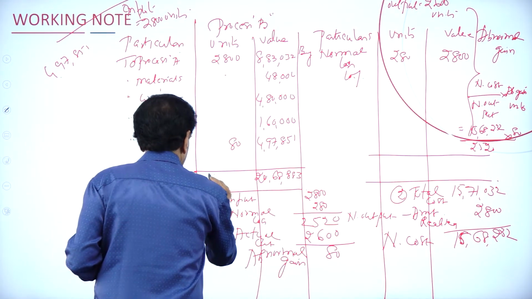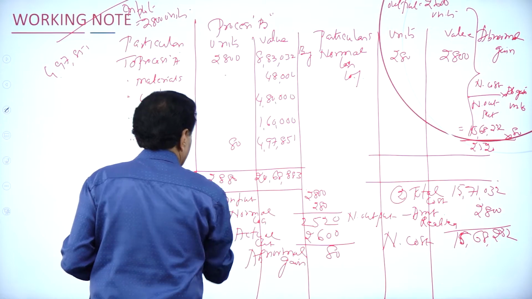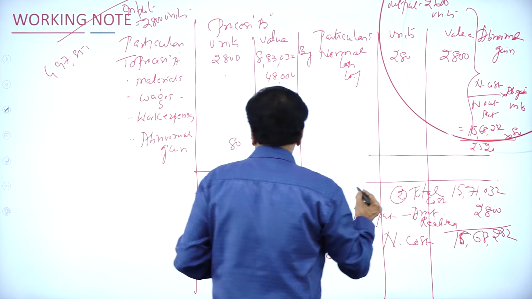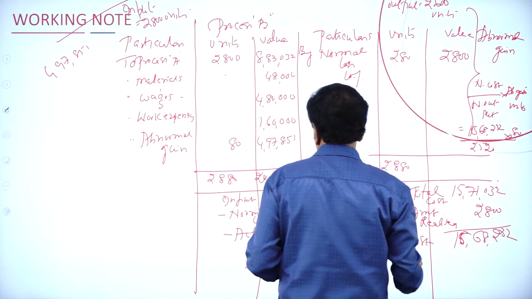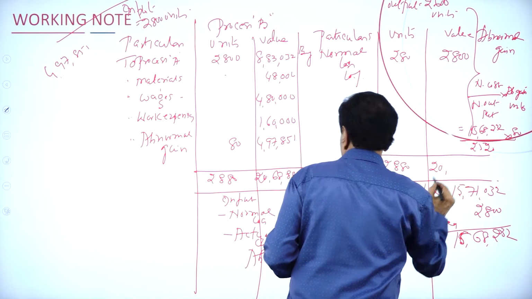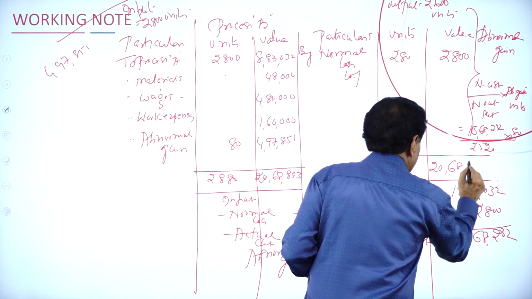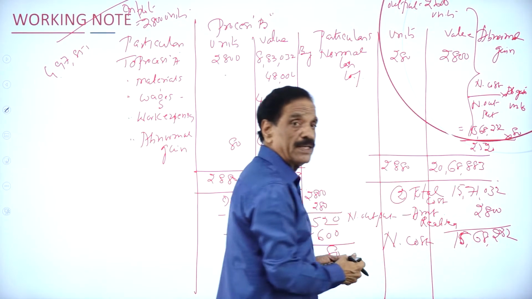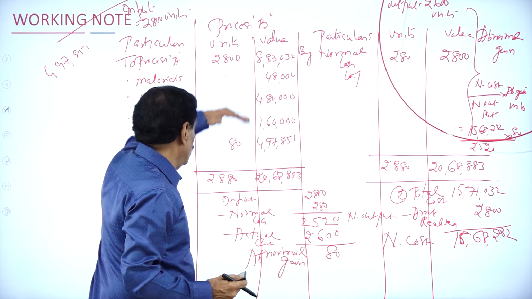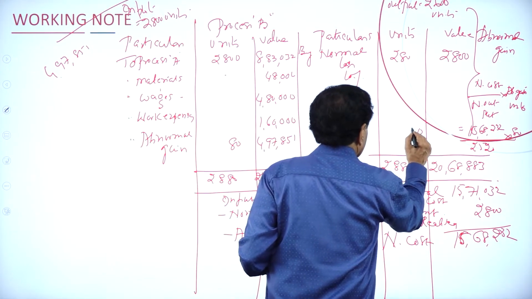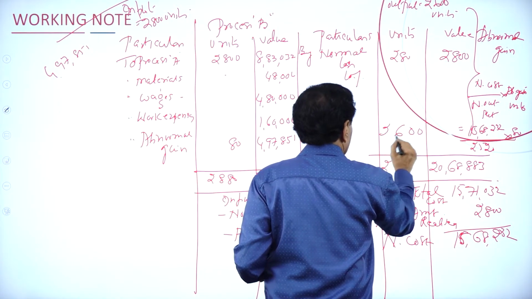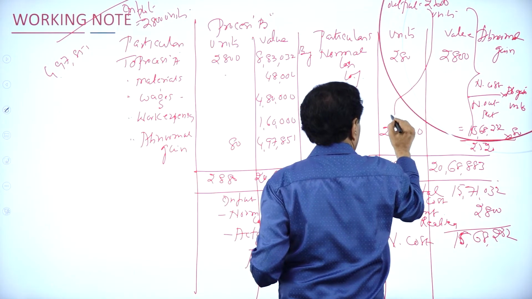Now 2,880. Here 2,880. I will explain. Here increase now 2,880. Out of 280 gone, it is 2,600. Same answer has to come.